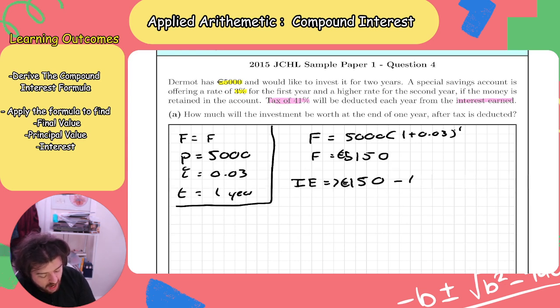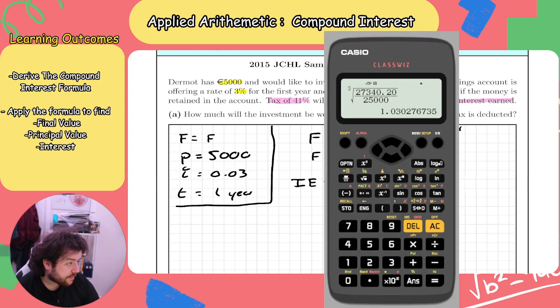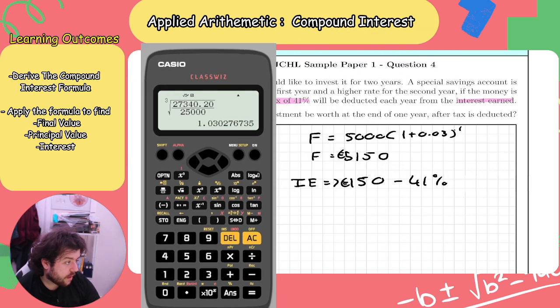So I need to minus 41% from that. So let me go open my handy dandy calculator here. I need to first find 41% of €150. Remember, it's a trick we can do on a Casio calculator.